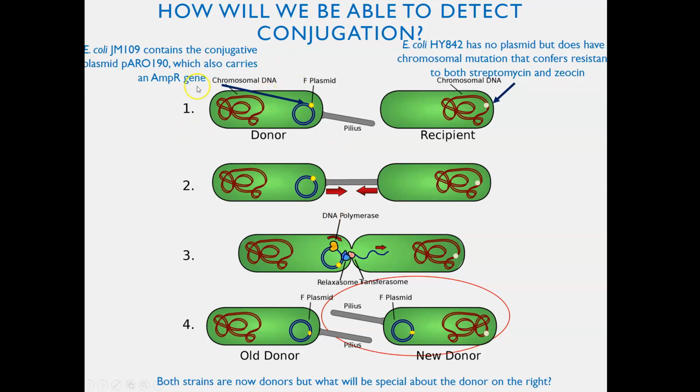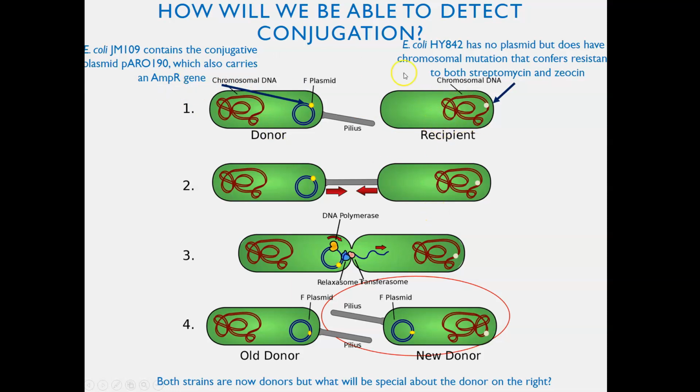If we were to introduce zeaxanthin to our donor, zeaxanthin is going to kill off our donor species. And if we were to introduce ampicillin to our recipient species, they don't have the ampicillin resistance gene, only the JM109 has the ampicillin resistance gene, so we'd kill off this species.